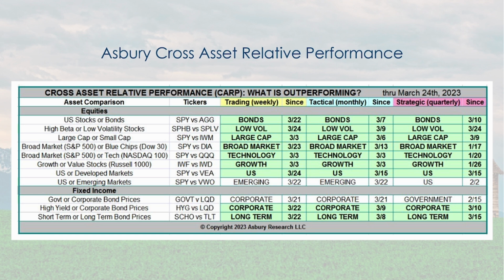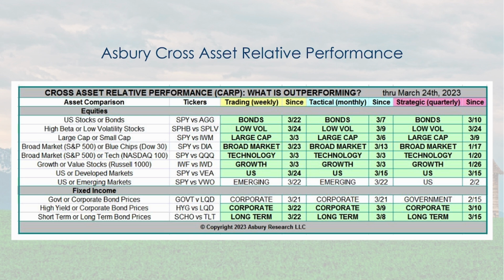Bonds are doing better than stocks. Low volatility stocks are doing better than high volatility stocks. Large cap is doing better than small cap. We saw that in previous data by quite a bit. The broad market is doing better than the blue chips, represented by the Dow Industrials.